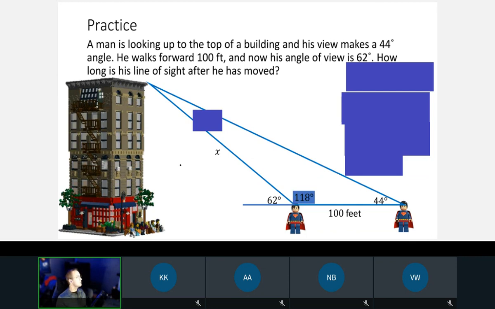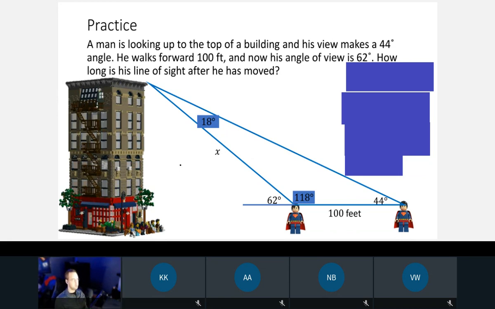Once we know that, how do I find this angle here? Yeah, 180 minus those 2 angles. Perfect. You do some typing in your calculator, hit enter, and we should get 18 degrees.